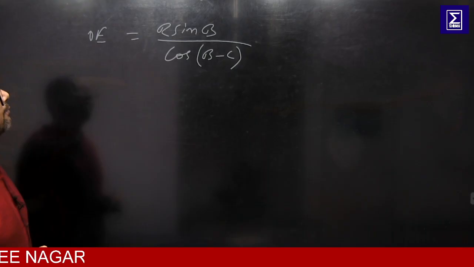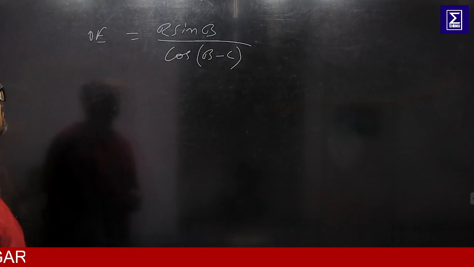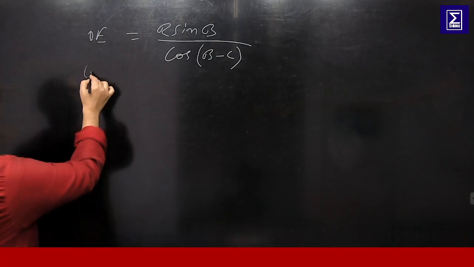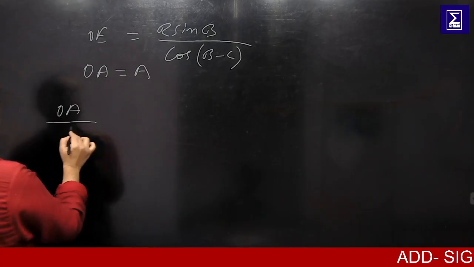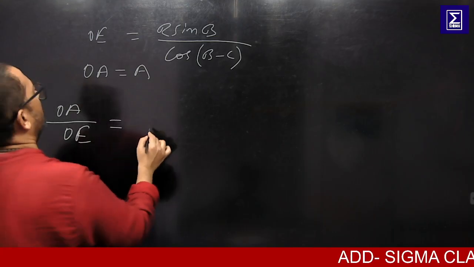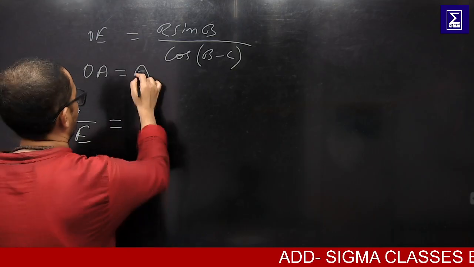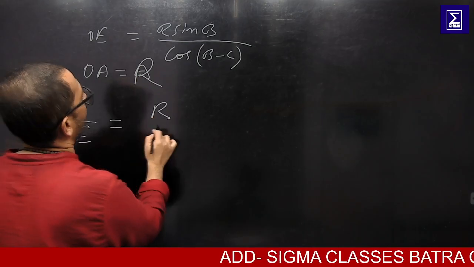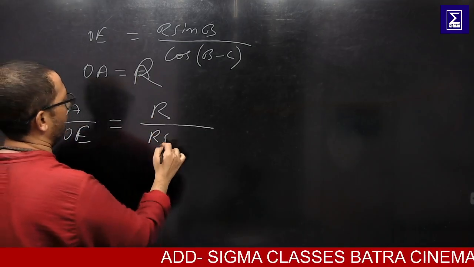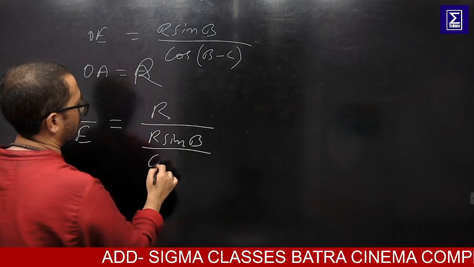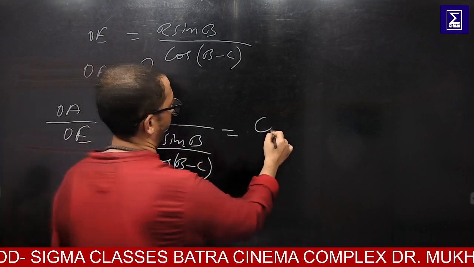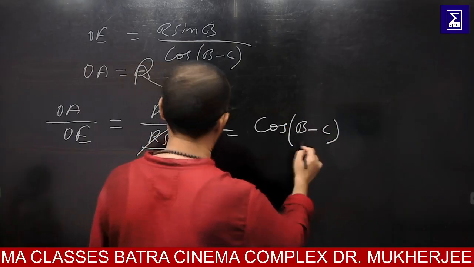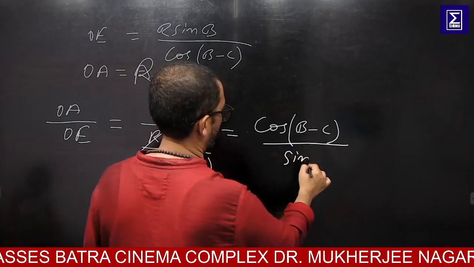So now you have to convert this, and OA already you know that is R. So OA upon OE, that is equal to, OA is R basically. So R upon R sin B upon cos B minus C, and this R and R got cancelled. You are left with cos B minus C upon sin B. See here.